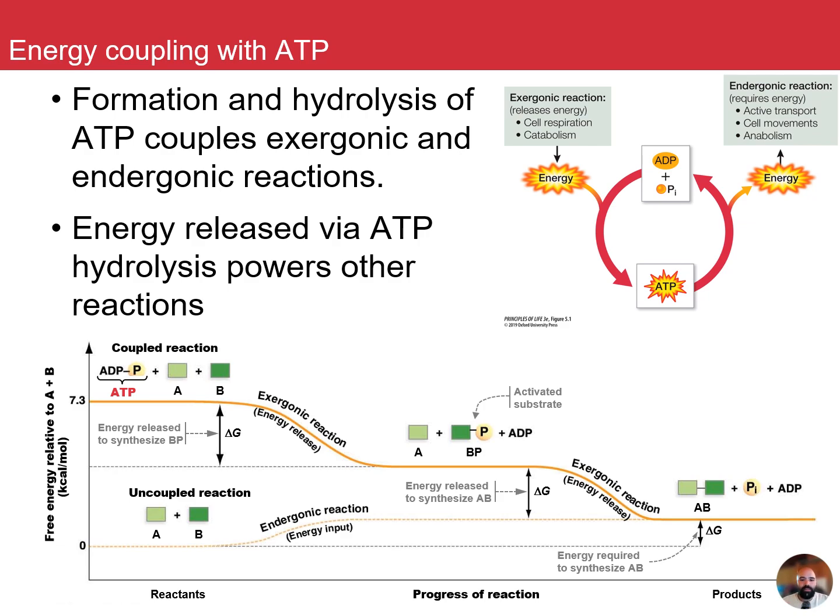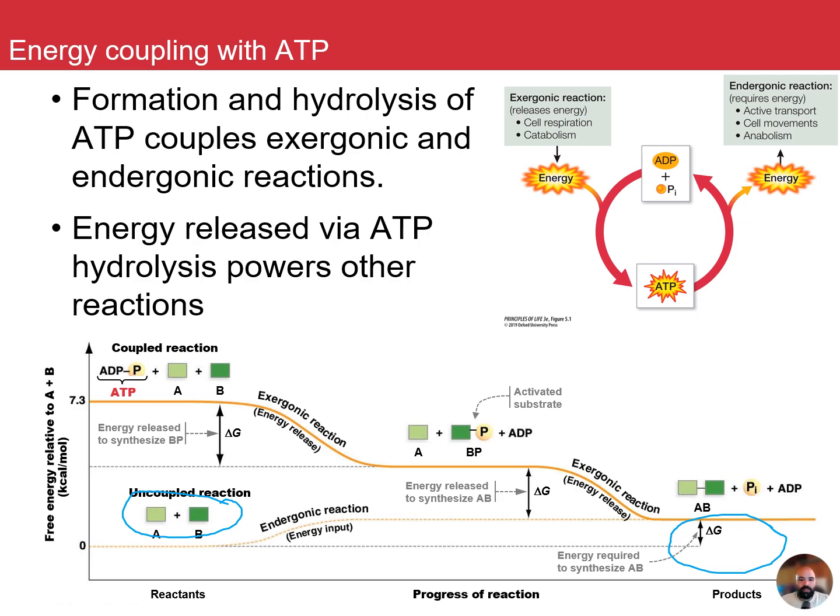So let's take an endergonic reaction where we have A and B and we want to bind them together into one molecule over here. I can't 100% tell because my recorded face is covering it, but somewhere over here there is A and B bound together. Okay.